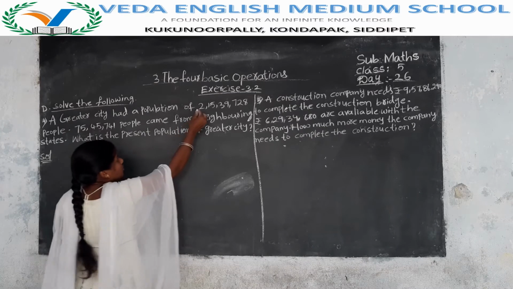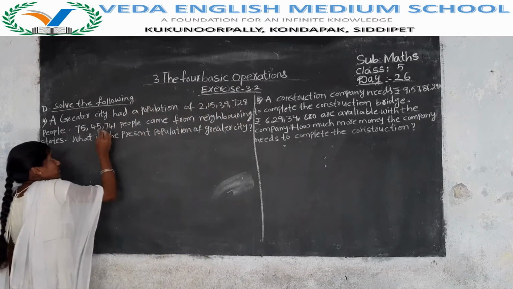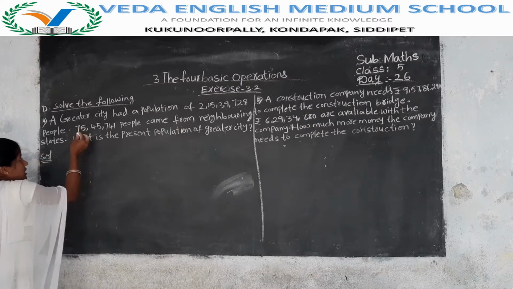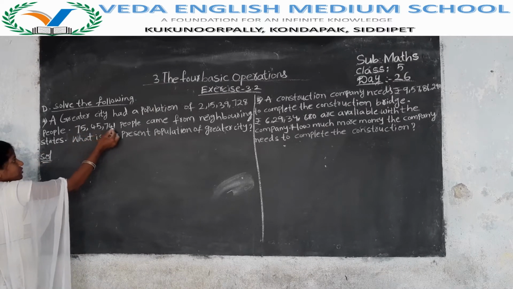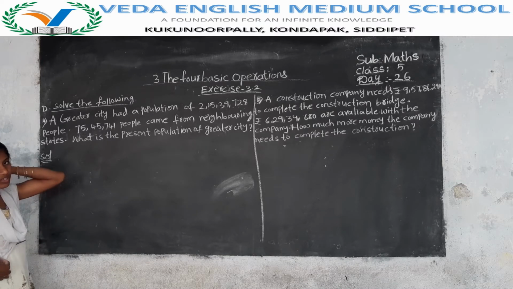Actually, they have 2,15,39,728 and some more people came. How many people came? 75,45,741. Then what is the total population of that city? To find the total, what do you have to do? To find the total, we have to do addition.